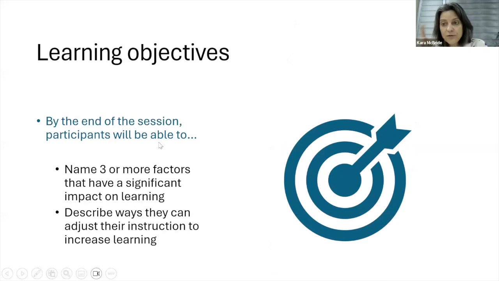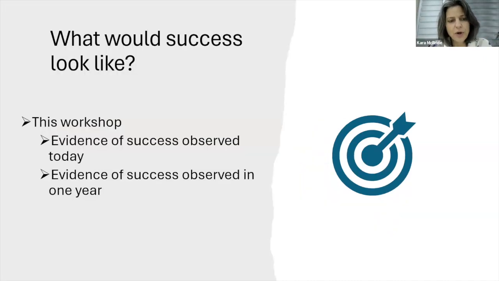You can name factors that impact learning, and you can talk about how you personally will use those principles. So if this is a successful workshop, what would you be able to observe? What evidence would there be that it worked?